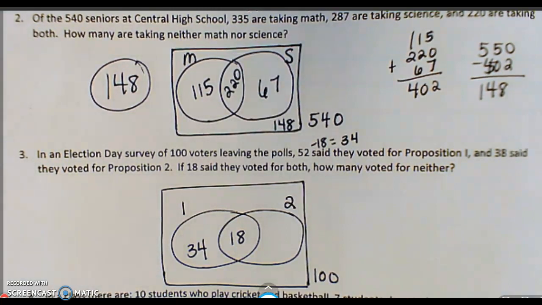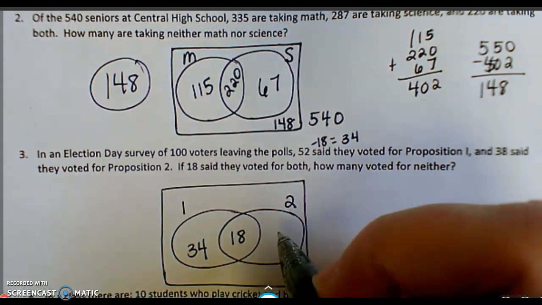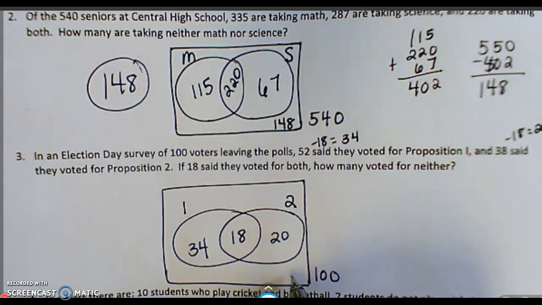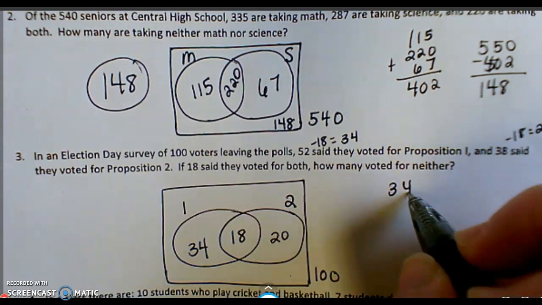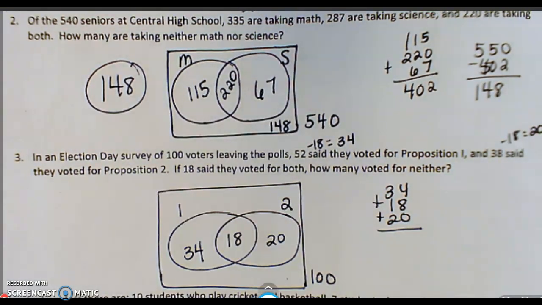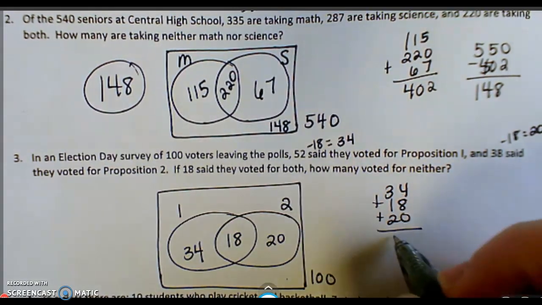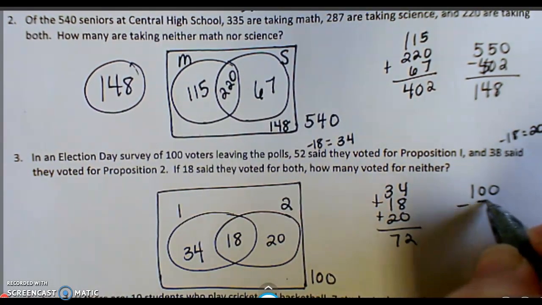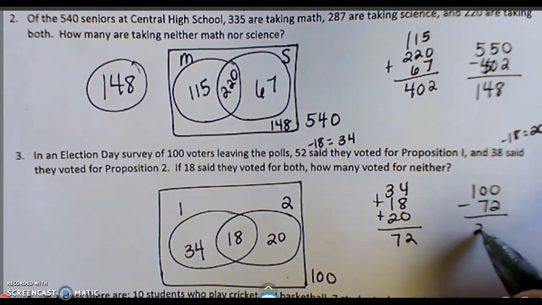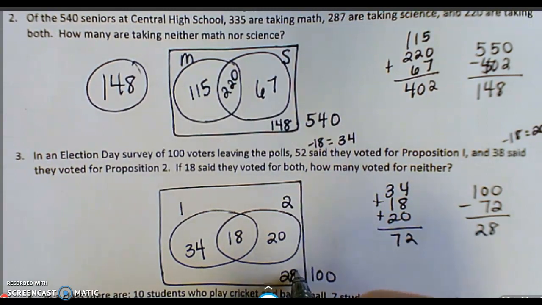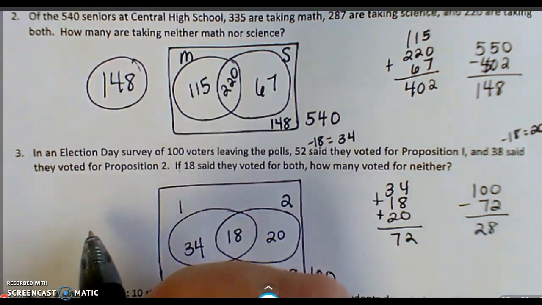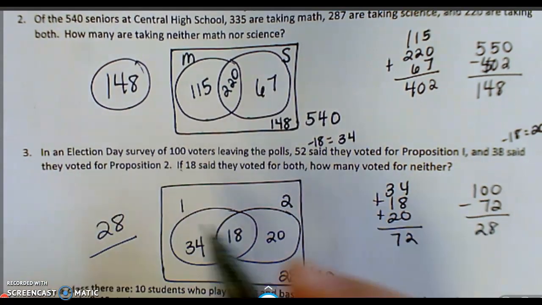I'm going to take 38 minus 18 to get that part. Let's figure out this outside part. And then we're going to subtract that from 100. And that will give me the part here. Let's go back to the question. How many voted for neither? Again, we're looking at that 28. So that's our neither.